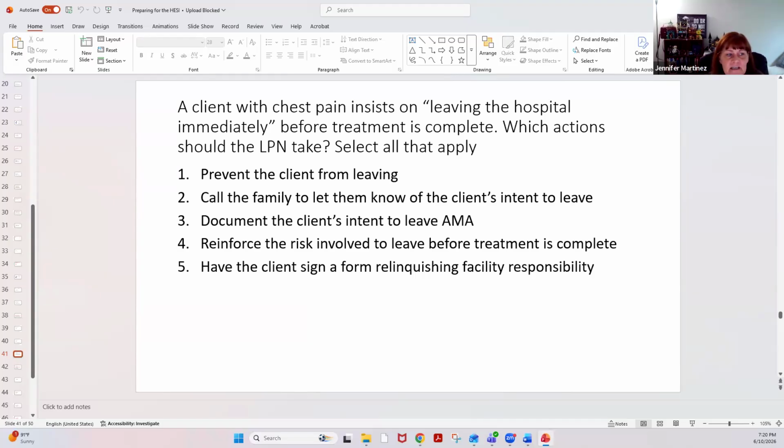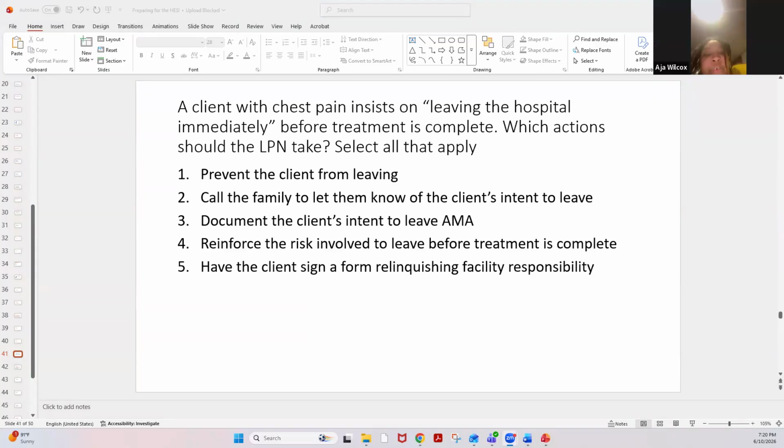Three, document the client's intent to leave AMA. Four, reinforce the risks involved to leave before treatment is complete. And five, have the client sign a form relinquishing facility responsibility. I almost said family responsibility. 3, 4, and 5.